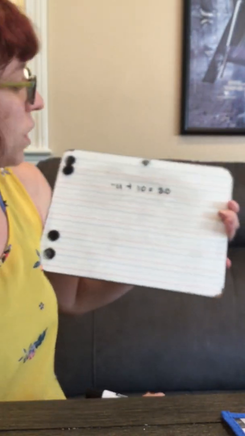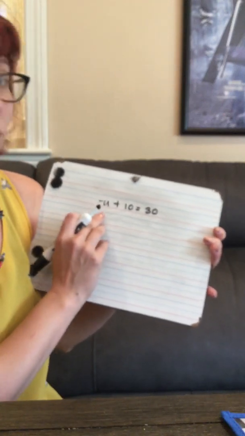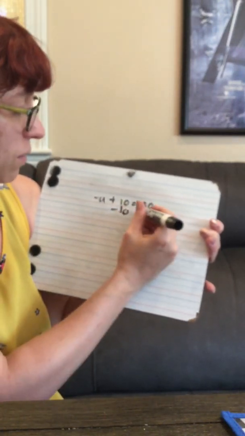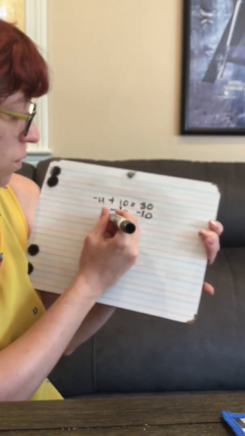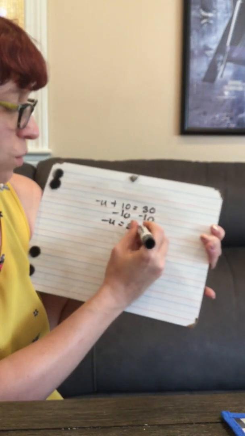Okay? Let's do one more to see if we can get that really straight in our head. This one's going to be a little bit more complicated because it's looking for what the negative number is. Okay? Negative u plus 10 equals 30. Okay, so here's something unusual we have to do. First, we have to get rid of this. So 30 minus 10 is 20.